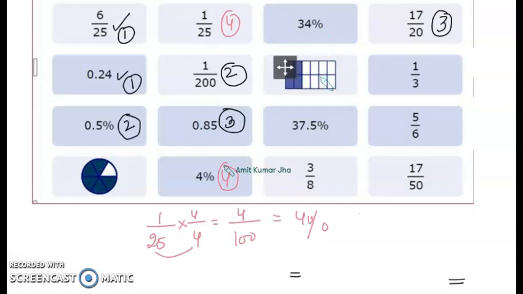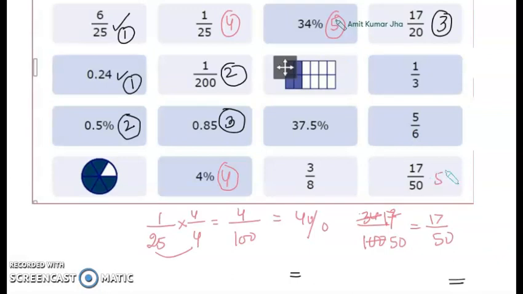This and this. Okay. So 17 by 50 and 34%. So 34% is 34 by 100, you already know, and divide by 2, you get 17 and 50. So after cancelling 34 by 100, you get 17 by 50. So you can mark this and this to be same.